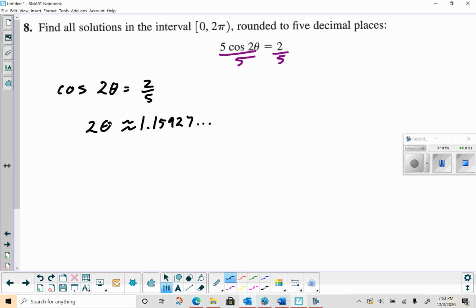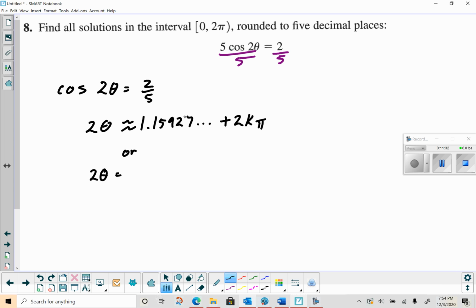But again, standard operating procedure here, we should add our standard plus 2k pi, or, now again, our other option here is cosine's positive in the first quadrant, which is our first set of answers there, but cosine is also positive in the fourth quadrant.